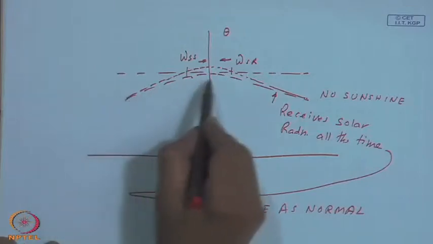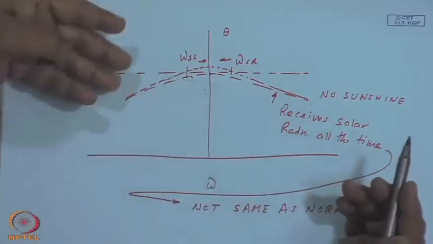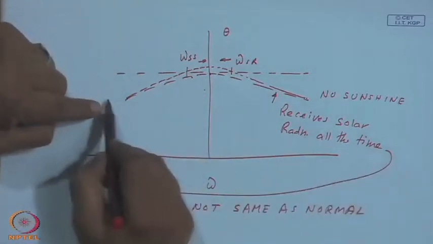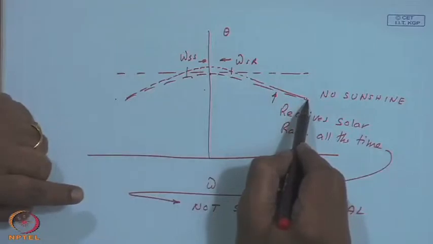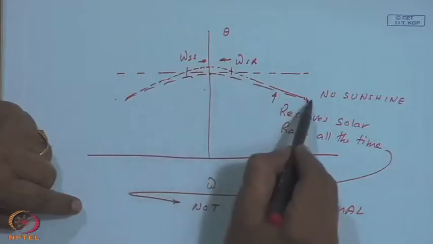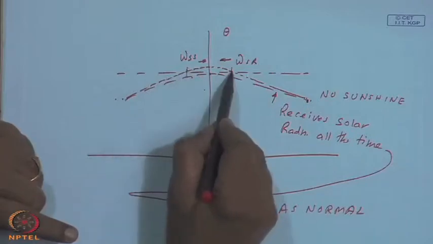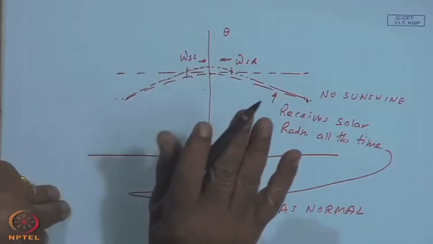Now, if this is like this, I will get a correct value, no matter what your omega s r and omega s s are. It becomes minus omega s to plus omega s. But if I try to do that for a slightly different beta, I have to do from here to here and here to here, not continuously. If I do from here to here, I will get only a negative value.